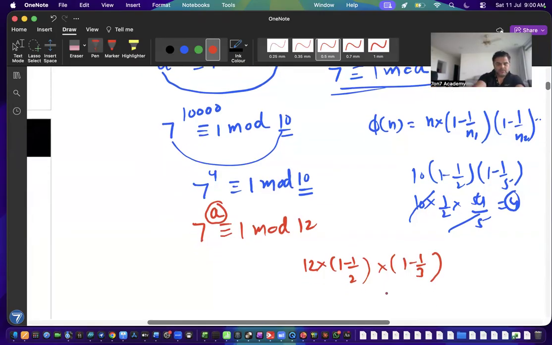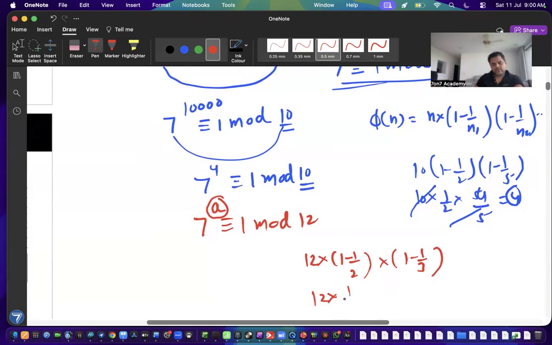This cancels out to 4. So 7 raised to 4 is 1 mod 12. It means if you divide 7 raised to something by 12, the cyclicity is 4. Every 4 it starts repeating. That's how we can simplify it more and use it where the number is not prime.